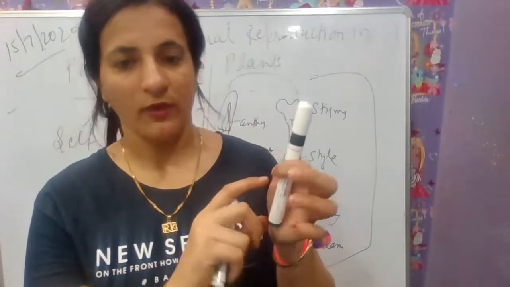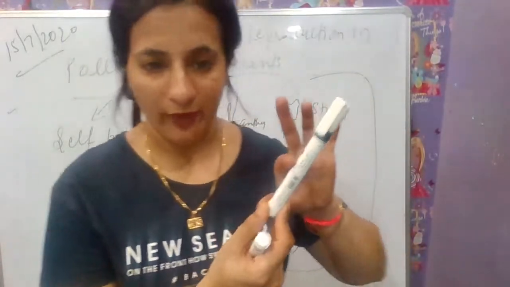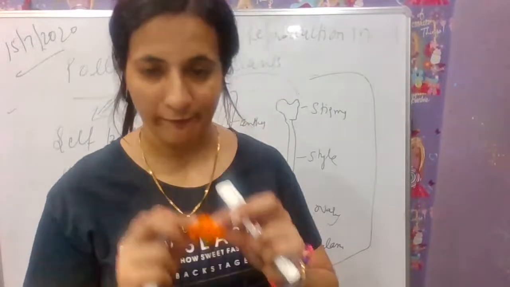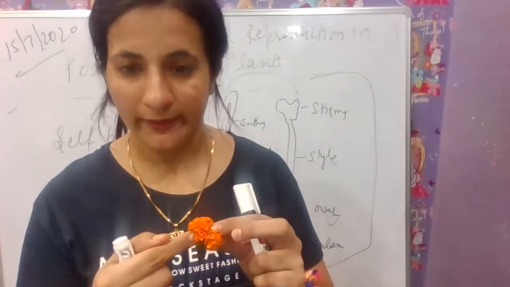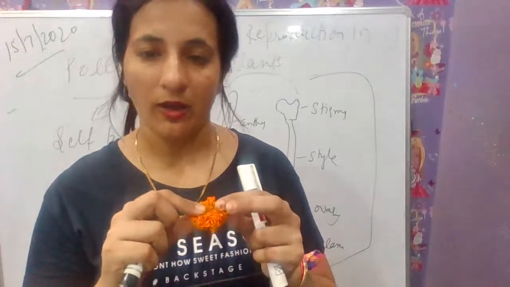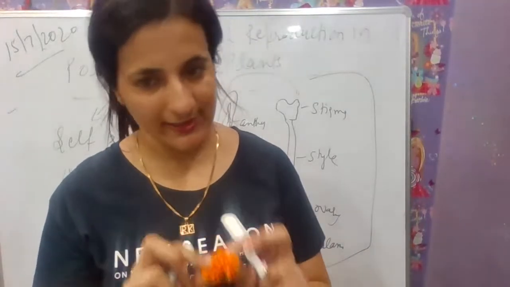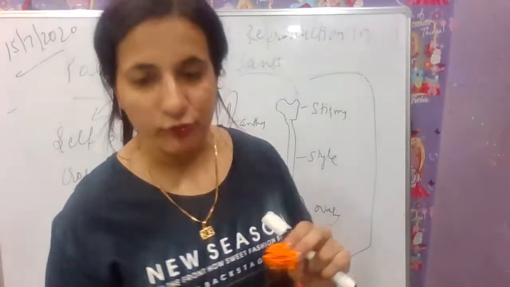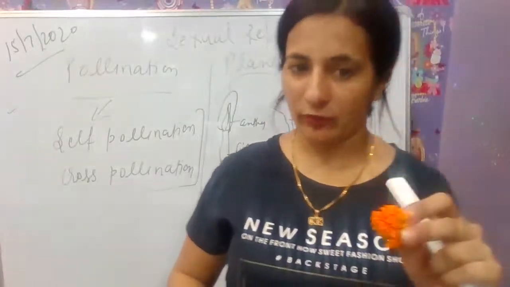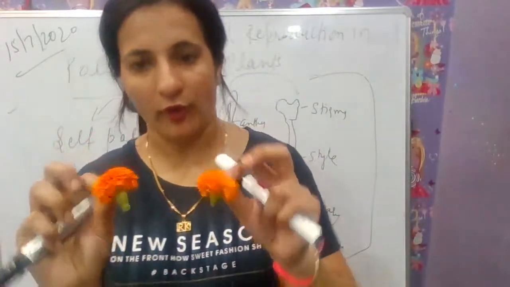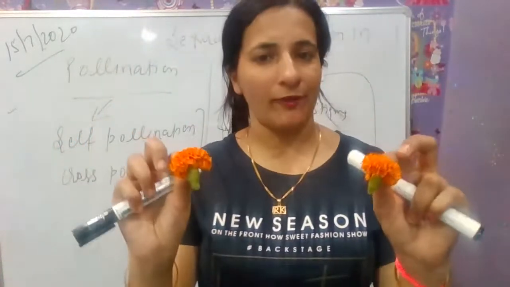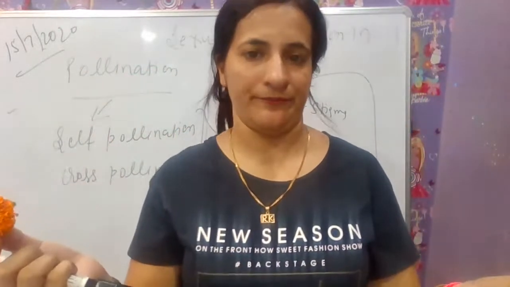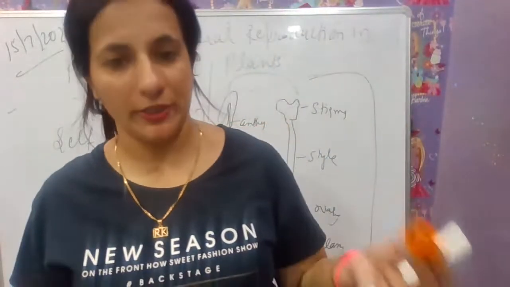If I'm talking about one flower, transfer of pollen grain from anther to stigma occurs on the same flower. This is self-pollination. Or transfer of pollen grains from the anther of a stamen to the stigma of a different flower but of the same plant is also called self-pollination.